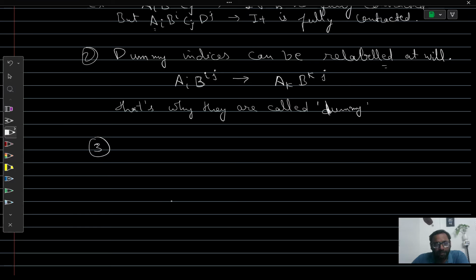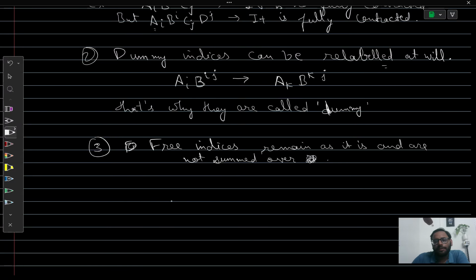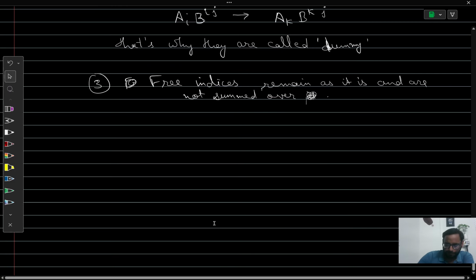So third is like, free indices remain as they are and are not summed over. That is of course the third rule that I have already told you.